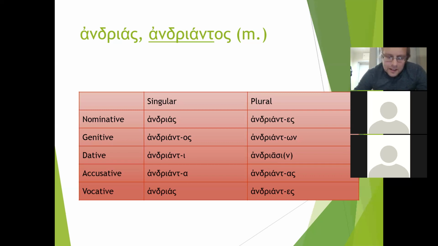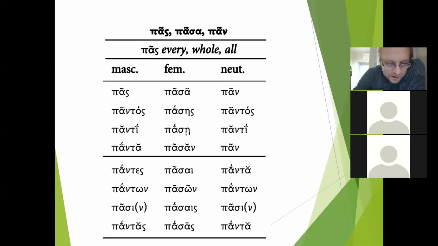Okay, next topic then, which is adjectives with a ny tau stem. So here we have the example pas, pasa, pan, which means every or whole in the singular and all in the plural. So this is a somewhat different meaning in the singular than in the plural for this adjective.